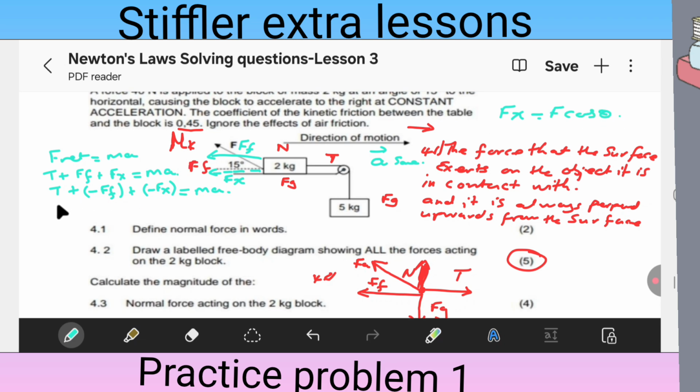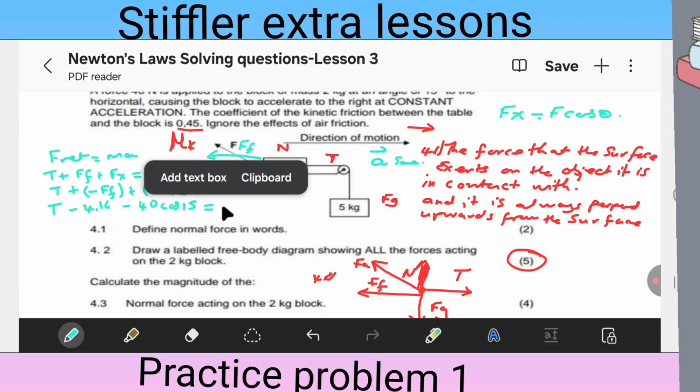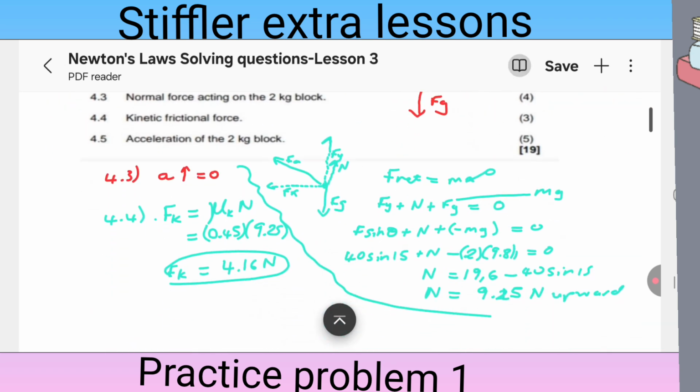So this means that our tension, plus and minus will give us negative, and our frictional force we have already calculated as 4.16, and then minus F at x, which is 40 cos of 15, will be equivalent to the mass, which is 2, multiplied by the acceleration. So this is our equation 1. Let's just copy it down there.